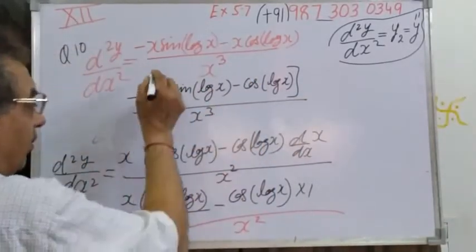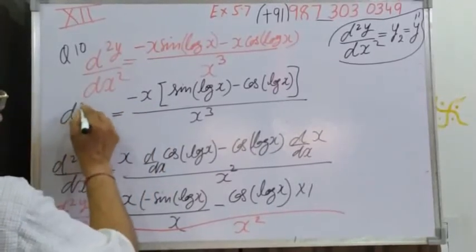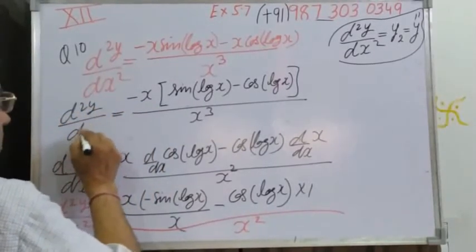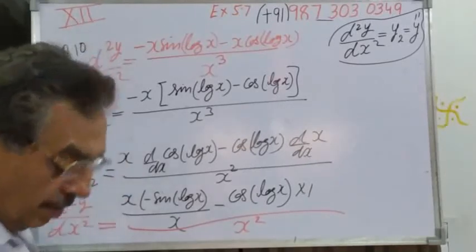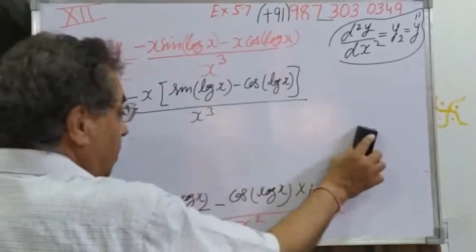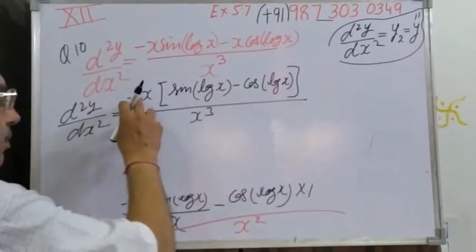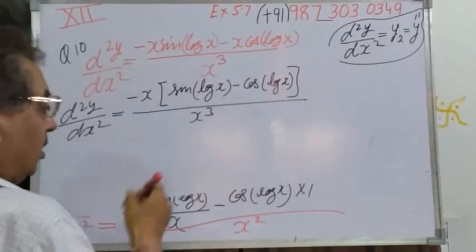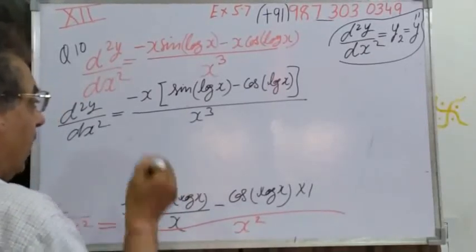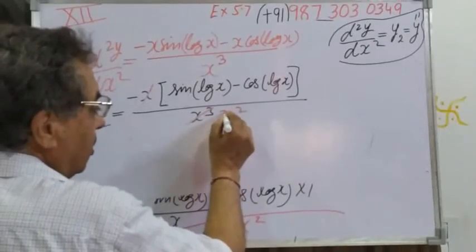One of the x gets cancelled, and in the denominator we will get x square.